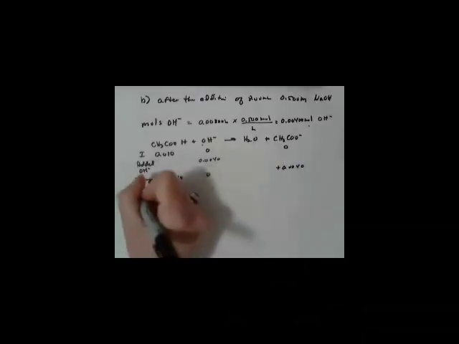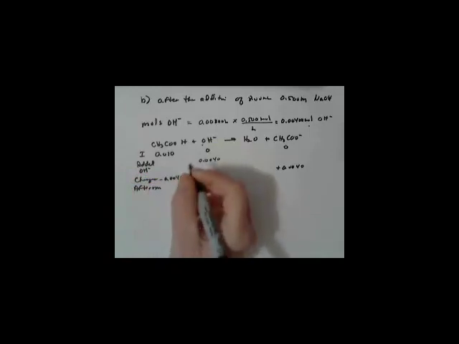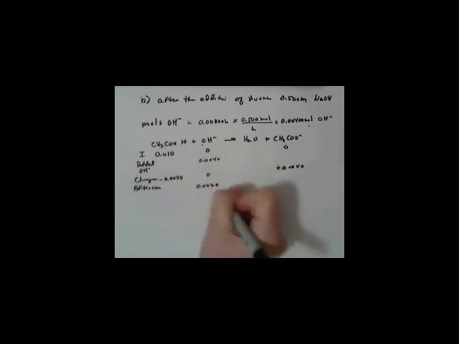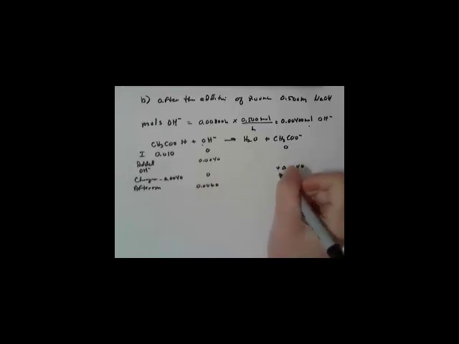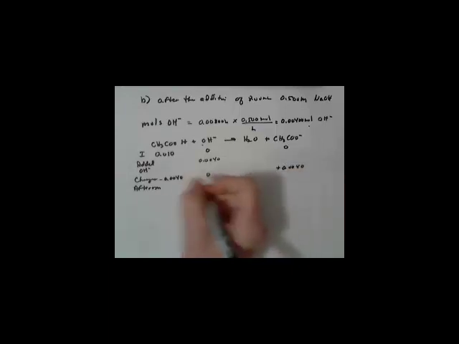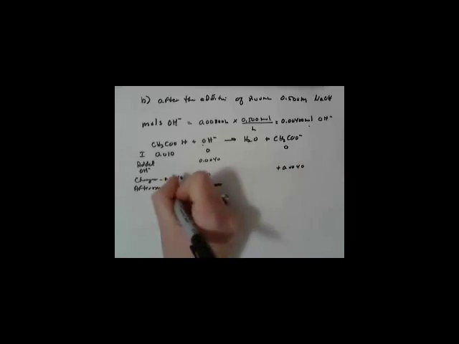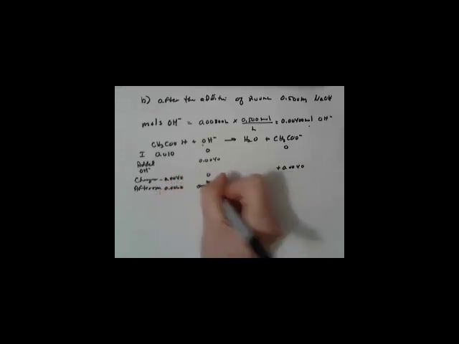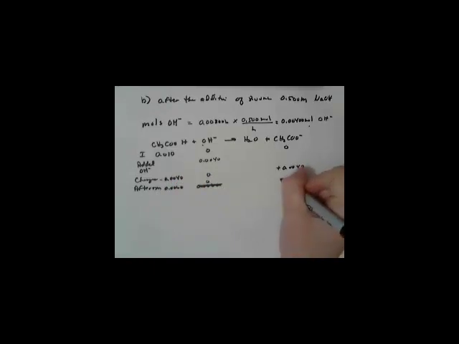So after the reaction, we're going to have 0.006 moles of acetic acid left, 0 hydroxide ion, and 0.004 moles of acetate ion.